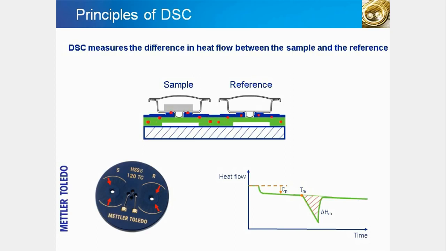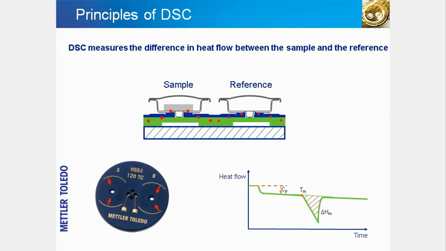Both the sample and reference crucibles are surrounded by a heated chamber or furnace. The sensor is the heart of the DSC and detects the heat flow. The lower left corner of the slide shows an enlarged view of a Mettler Toledo sensor with its typical star-shaped arrangement of thermocouples.